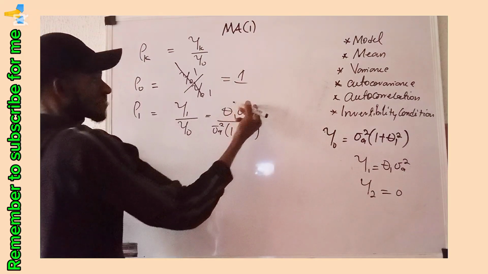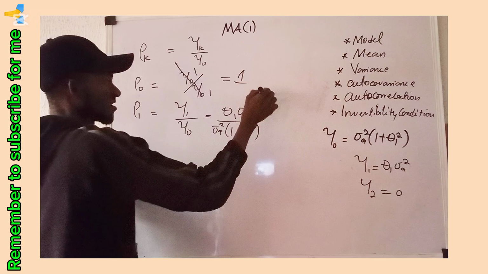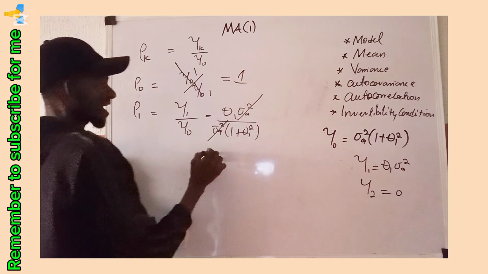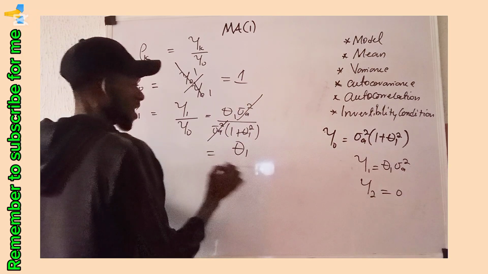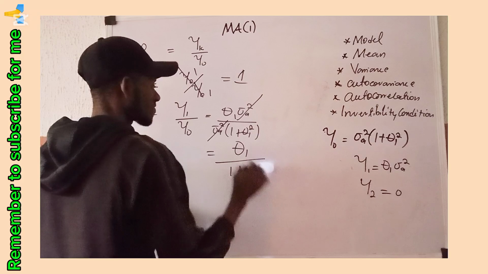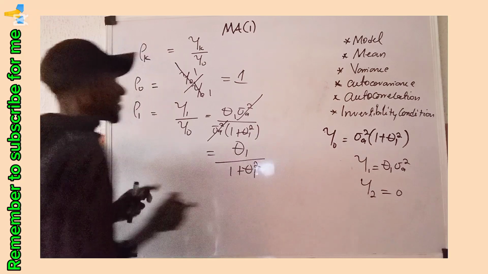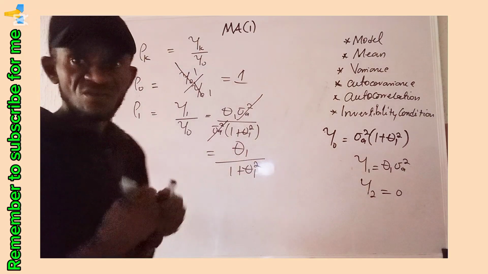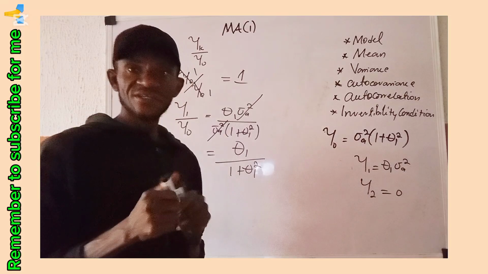So here I have sigma squared of A, here sigma squared of A. This and this can be cancelled off, and I have theta 1 all over 1 plus theta 1 all squared. And this becomes the autocorrelation at lag 1.